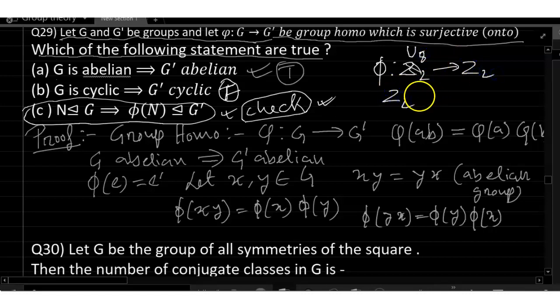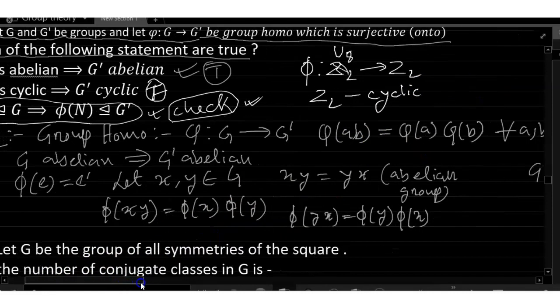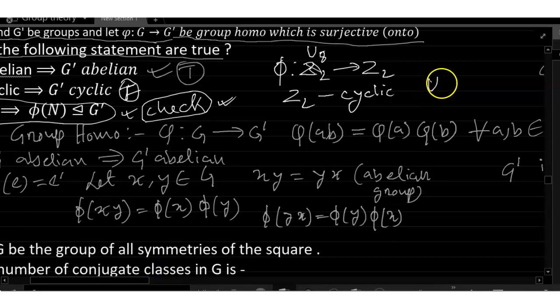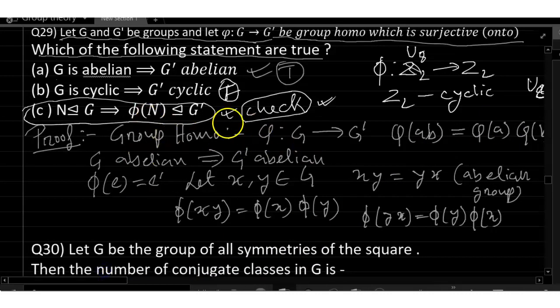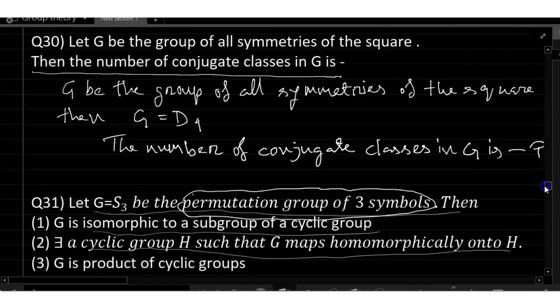Z2 is a cyclic group, but U8 is not cyclic. So this does not mean that G dash is cyclic, and this portion I have to check.